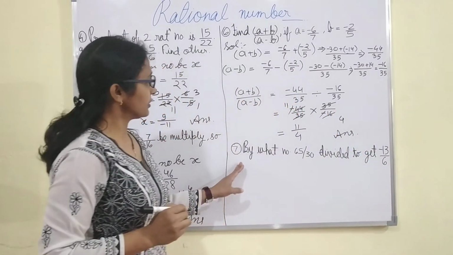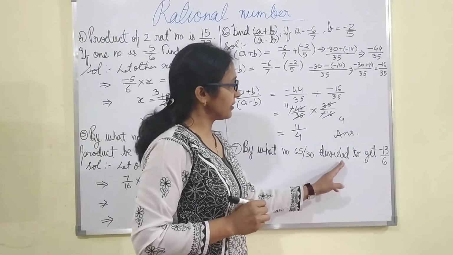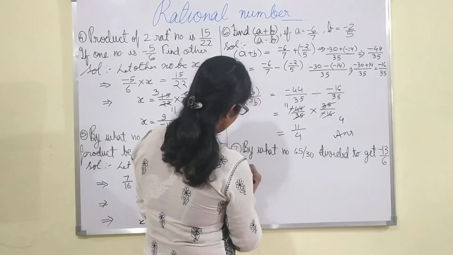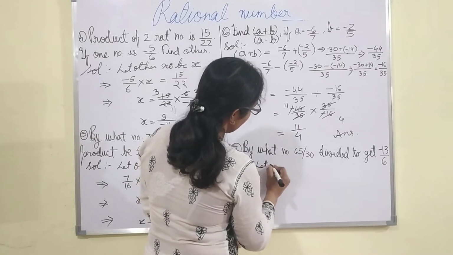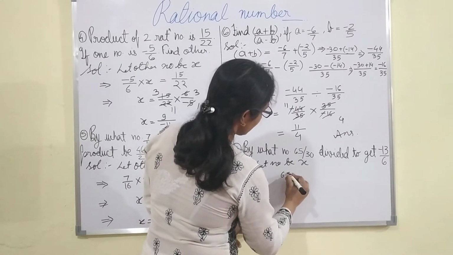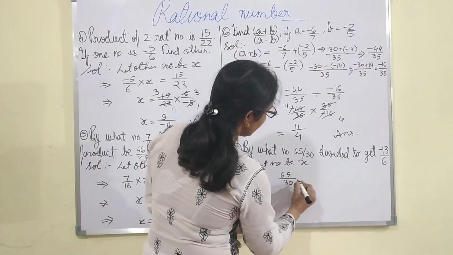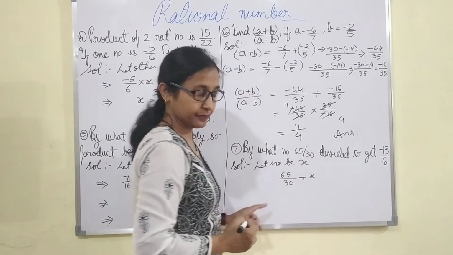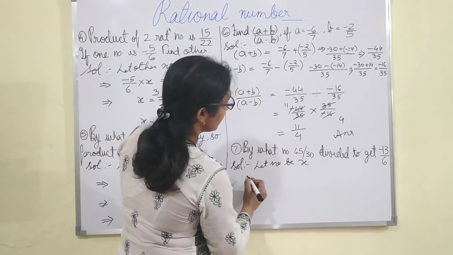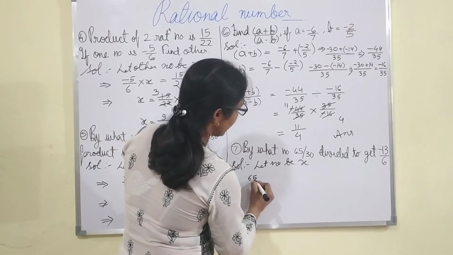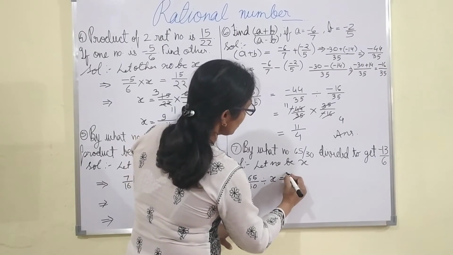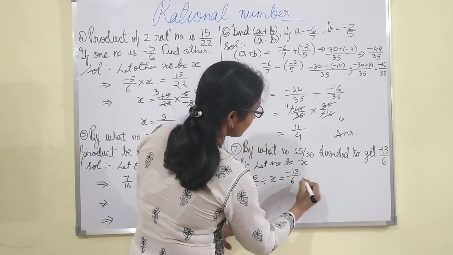Next question is: by what number should this be divided to get this? So let the number be x. So 65 upon 30 divided by x equals minus 13 upon 6.